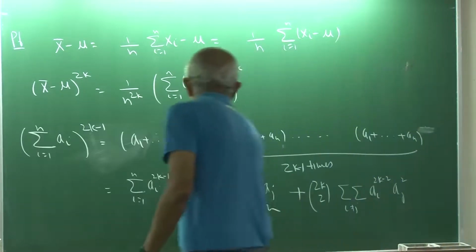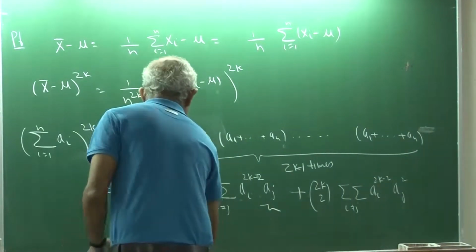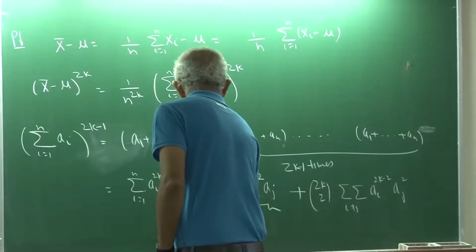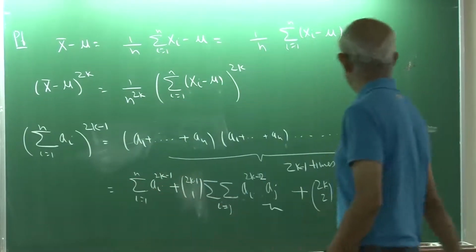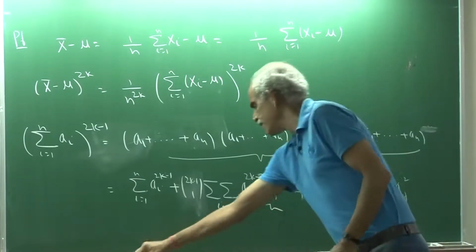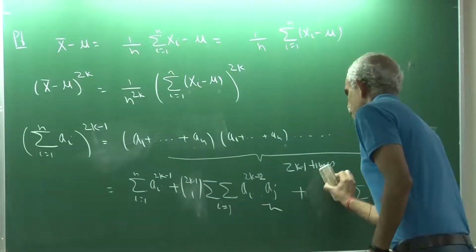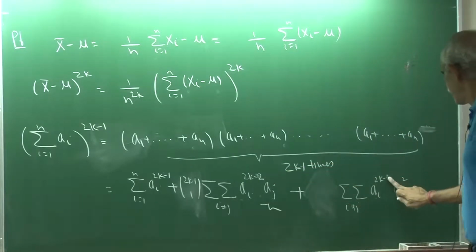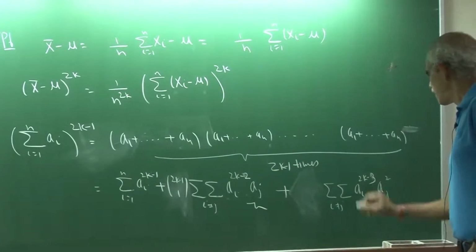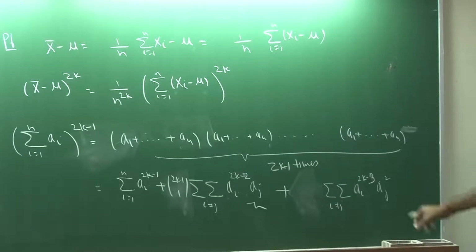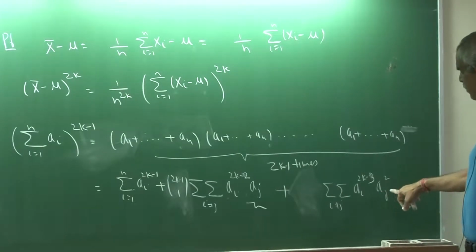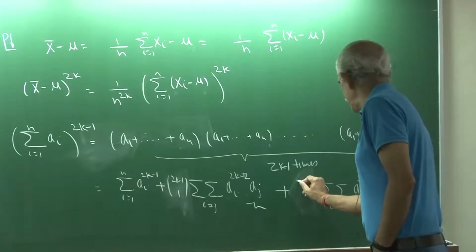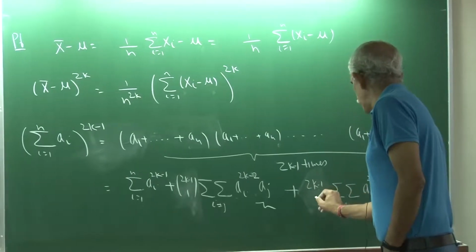So this would become 2k minus 1 choose 1. Then again from 2k minus 3, I am getting the same, and from 2 different ones the same. So this is same as 2k minus 3, sorry, 2k minus 1 choose 2.